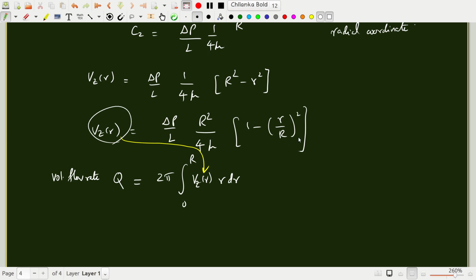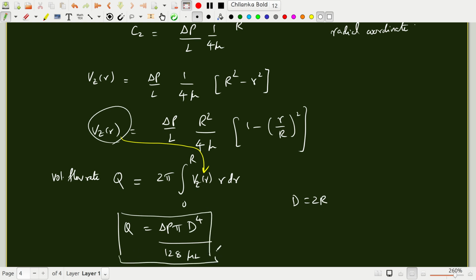So you'll find that Q is equal to delta p pi d to the 4 by 128 mu L, where d is the diameter of the pipe, which is twice the radius of the pipe. So this is the relation between pressure drop delta p by L and the volumetric flow rate: Q is a function of pressure difference and diameter, and it's inversely proportional to the viscosity and so on.